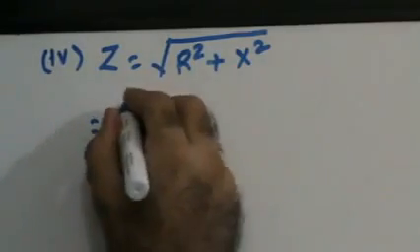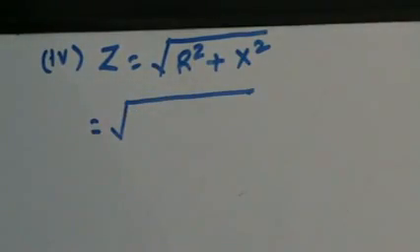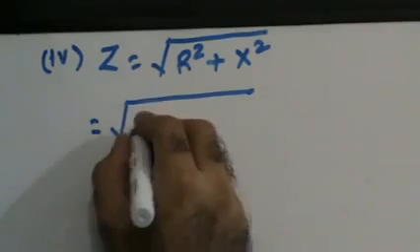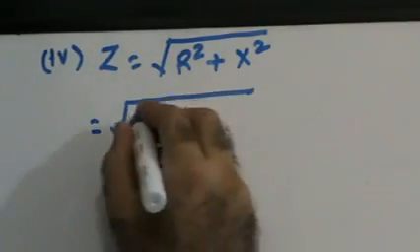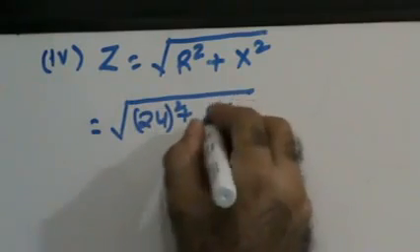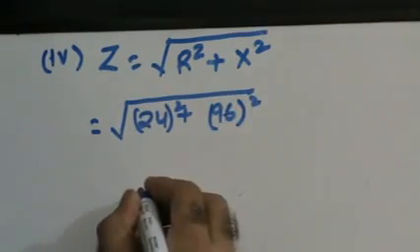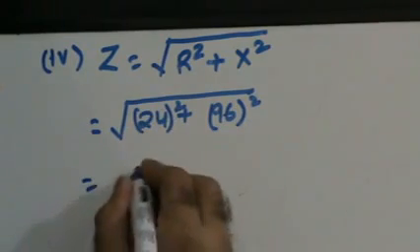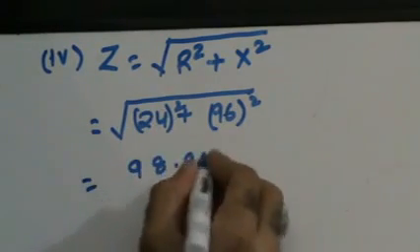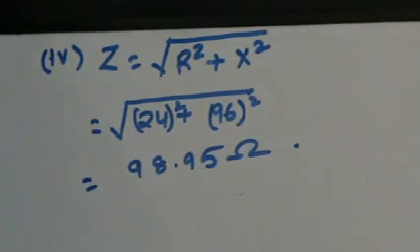Resistance was given to you as 24. Reactance is 96. Solve this and you will get your impedance to be 98.95 ohms. That will be your impedance.